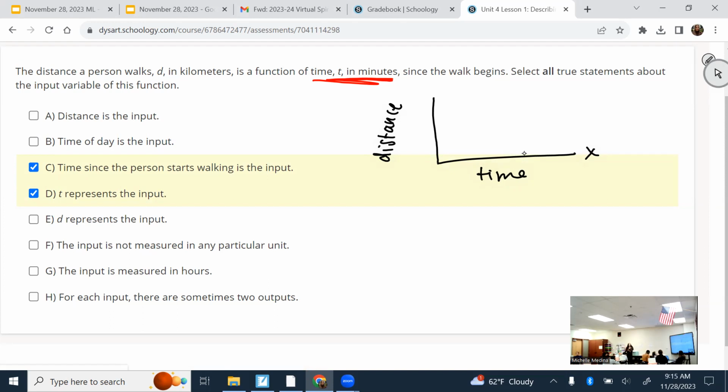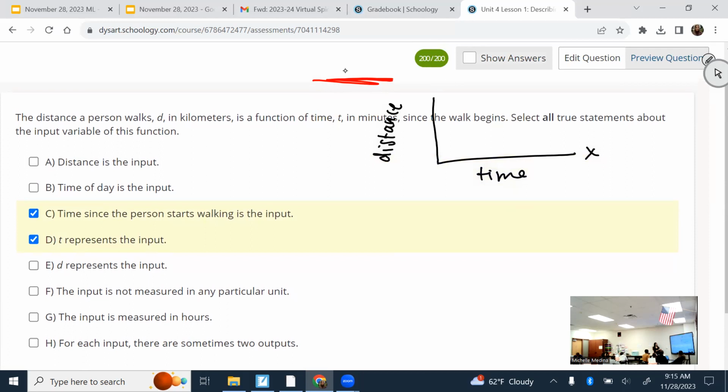It might be that some of the distances repeat, like they might not travel at all, but for each minute, it's going to be a different x, if that makes sense. So there's not, for each input, two outputs. So in that case, I would just pick these two, and that's all you should pick. So questions on that one? All right, questions on any others at all from any practice?